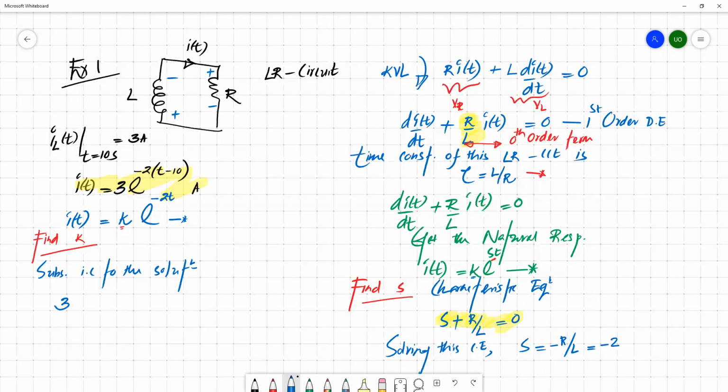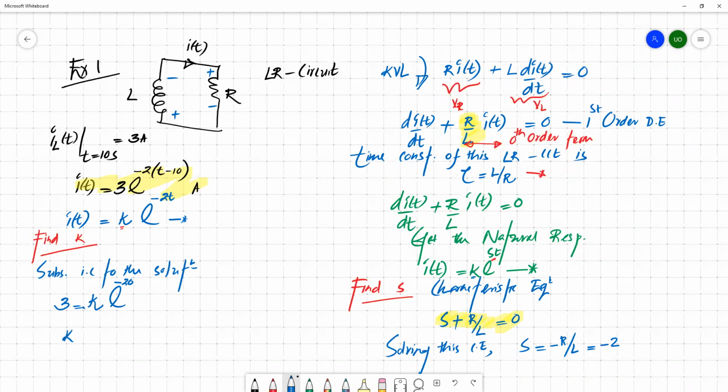So 3 amperes equals k times e to the power, now t becomes 10, so minus 20.